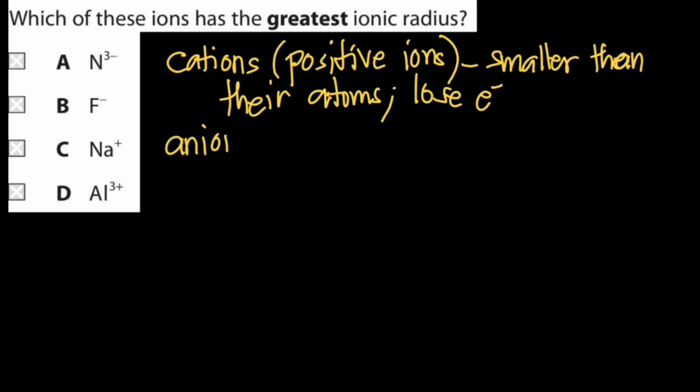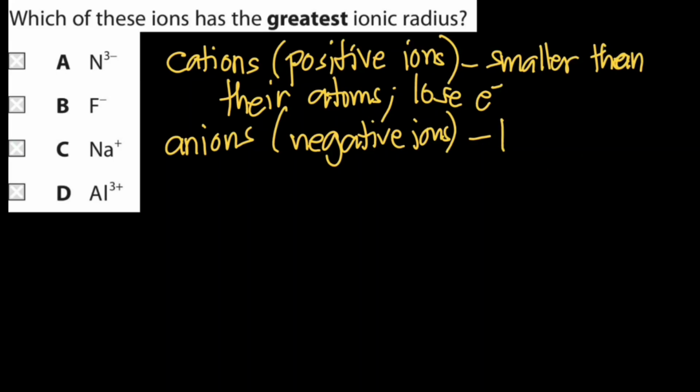And for anions, these are negative ions, which means their ionic radii are larger than their atoms.